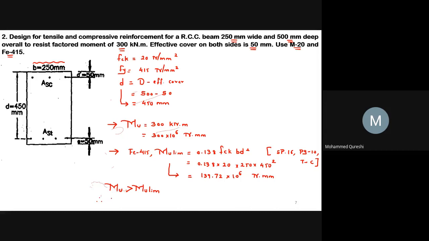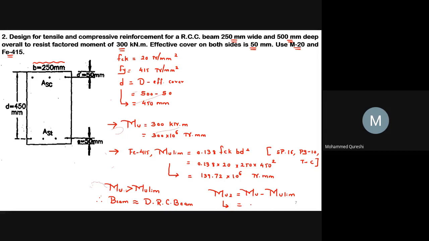Therefore, the beam should be designed as a doubly RC beam, and hence Mu2 will be equal to Mu minus Mu limit, that is 300 into 10 raised to 6 minus 139.72 into 10 raised to 6.